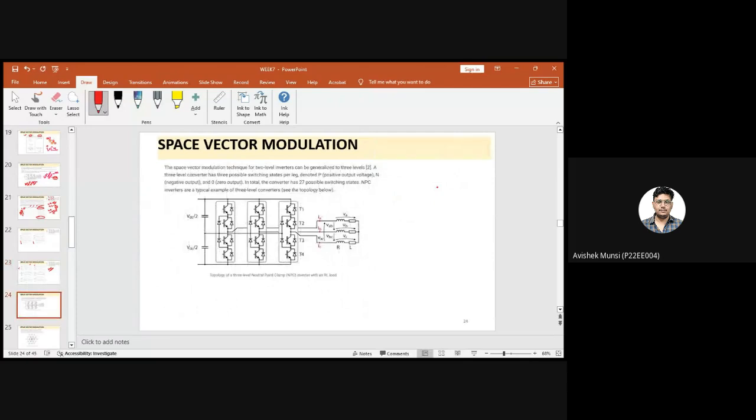So the space vector modulation technique for a 2-level inverter can be generalized for 3-level, 5-level, for various levels. In case of the switching states, the converter in total has 27 possible switching states, which is similar to the switching states I discussed in case of the direct matrix converter.